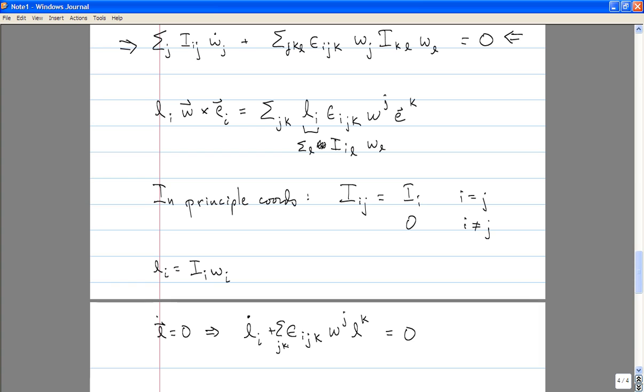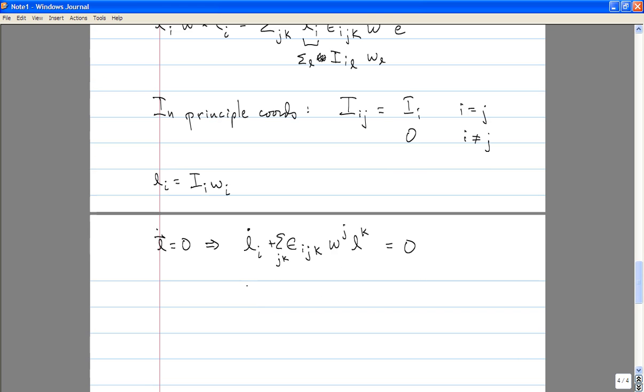That's just using the fact that EI dot is equal to omega cross E. And then plugging in this expression, Li dot is I omega I dot plus the sum over j and k, epsilon ijk omega j I k omega k. And that all has to be equal to 0.